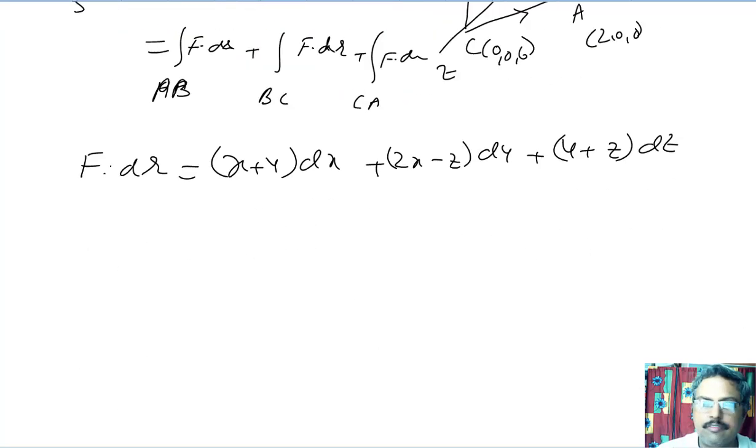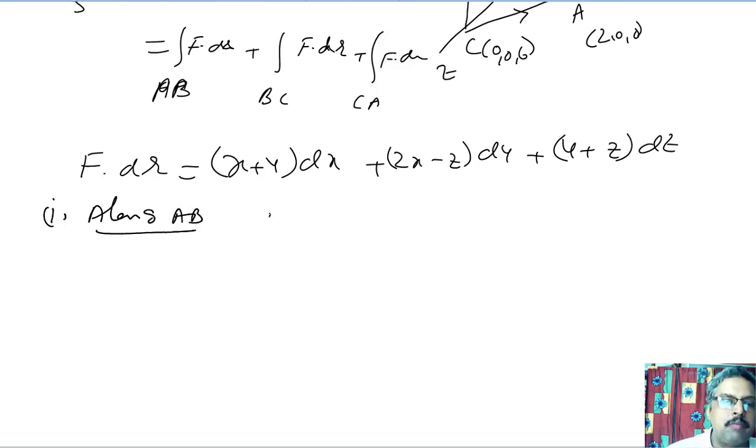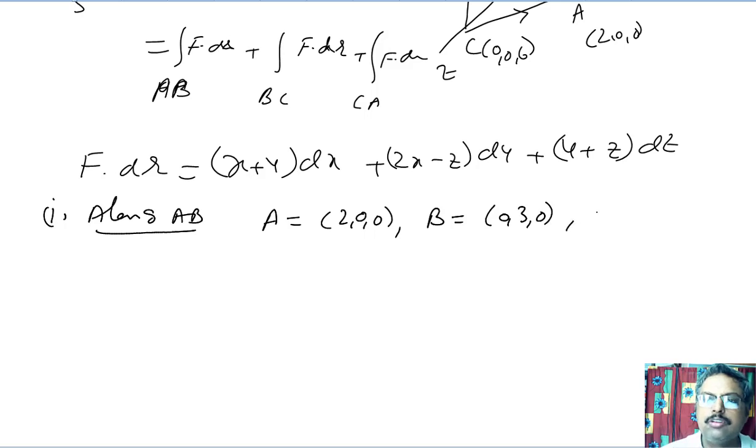I will explain only one, along AB. What is A? A is 2, 0, 0. B equals 0, 3, 0. C equals 0, 0, 6. These are all points, just for understanding.